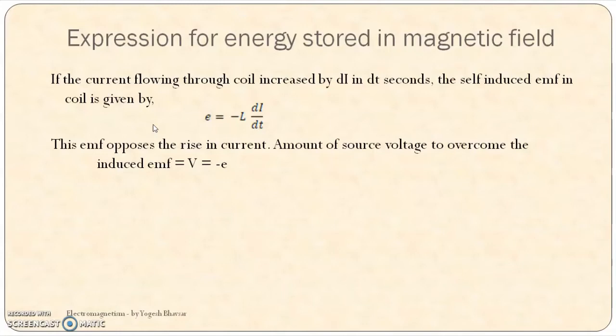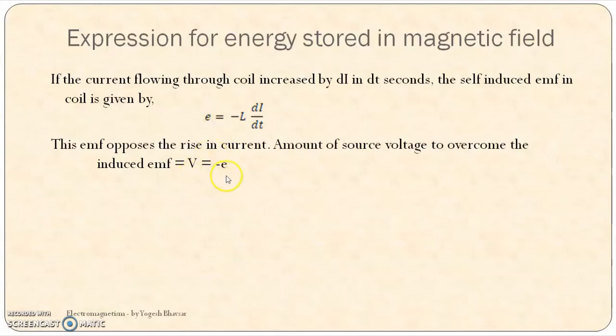Lenz's law says that the current which is set up will oppose the basic cause for producing that EMF. So according to Lenz's law, the negative sign applies to the induced EMF. The source voltage needed to overcome this induced EMF will be the negative of the self-induced EMF.